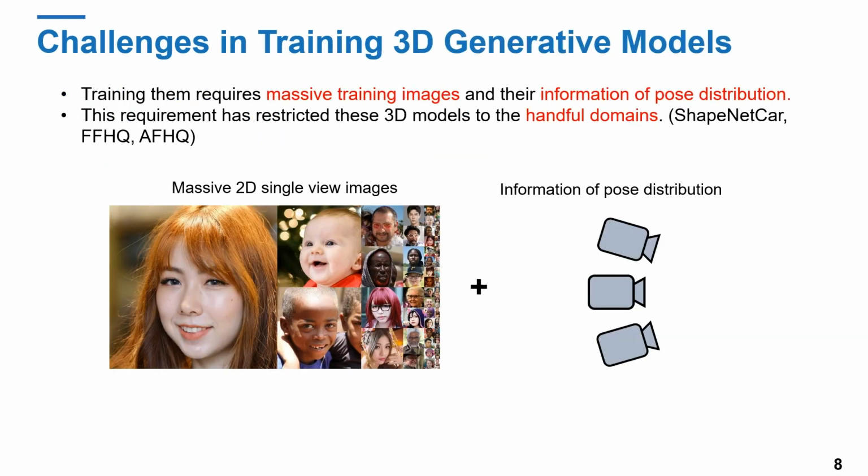However, training these SOTA 3D generative models is challenging. In addition to requiring a large number of training images, as in the case of 2D generative models, they also require information of pose distribution. As a result, 3D generative models can only be trained on a small number of domains.